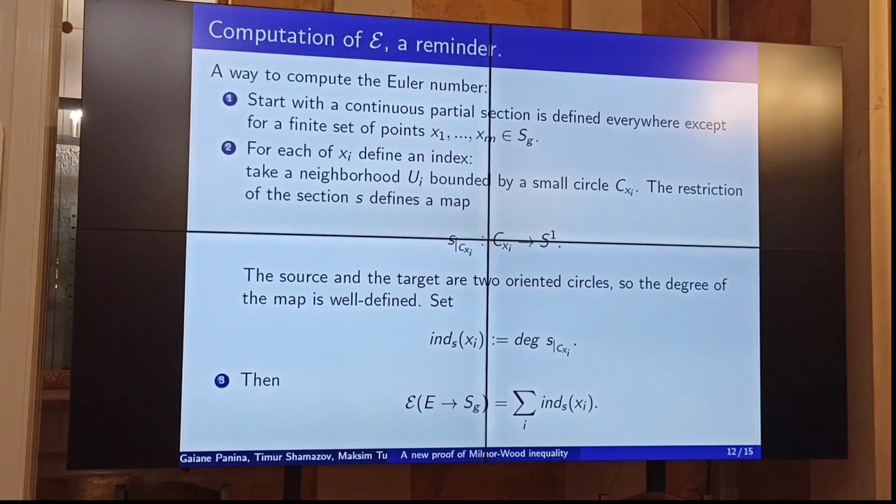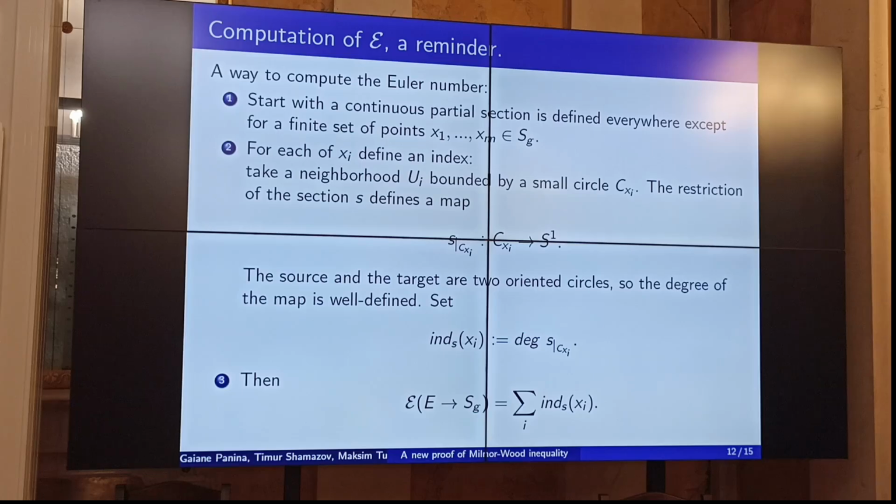And now I tell very shortly how the formula for the Euler class originates. Okay, so there is a way to compute Euler number. Given a fiber bundle, we already know that there is no hope to have a continuous section.